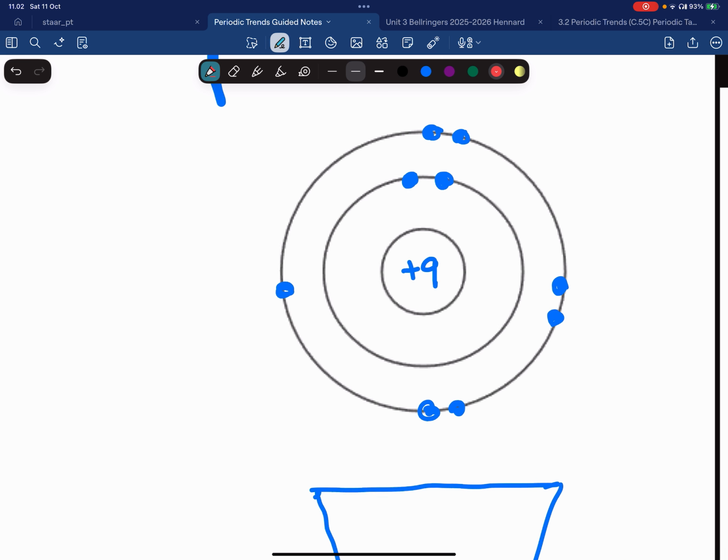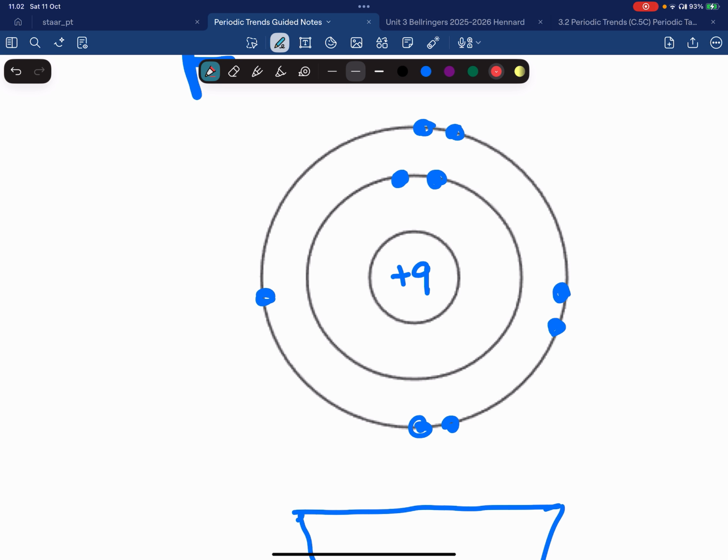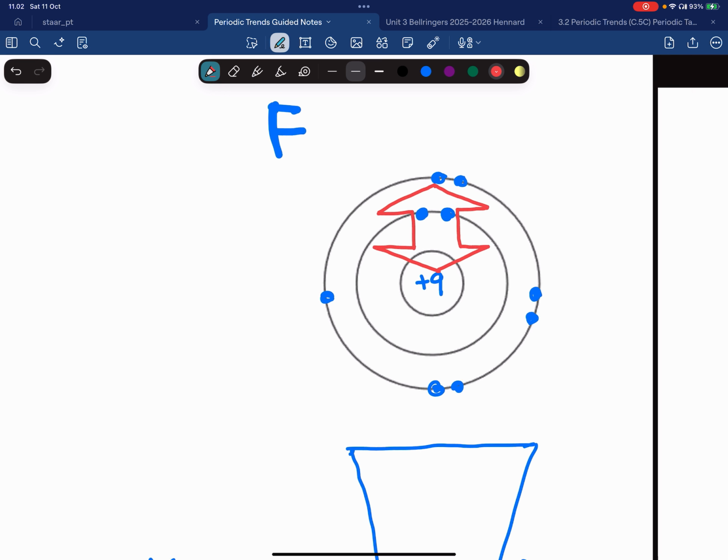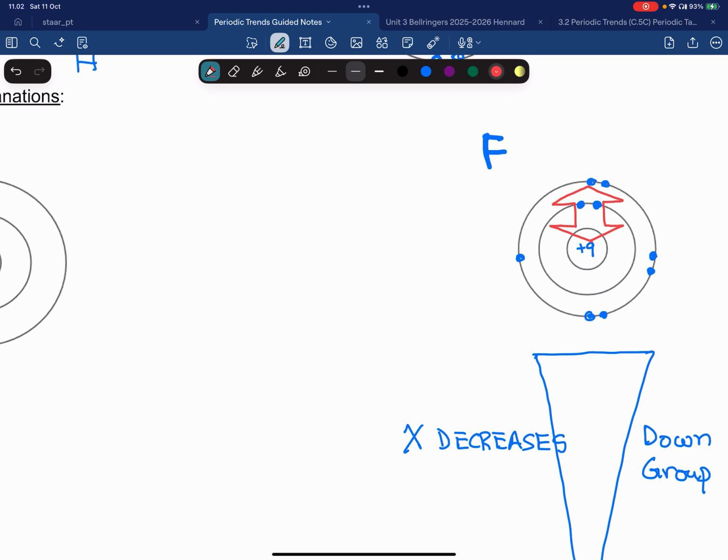Again, that is a relatively small atomic radius. It's quite close together, and so quite close to the nucleus. And so there is a pretty large attractive force between the nucleus and the outside electrons. And so you have a large attractive force with a small atomic radius.